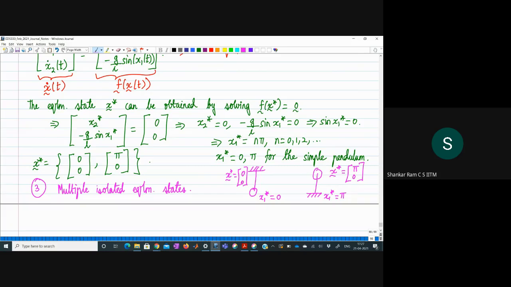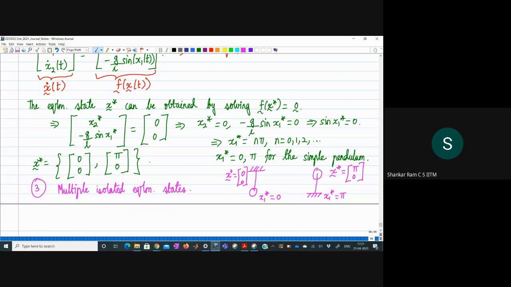And now the question is, it's not unique, but neither is it infinite. Previously we saw two possibilities of equilibrium states for linear systems: we had a unique equilibrium state at the origin, or we had an infinity of equilibrium states, a continuum of equilibrium.